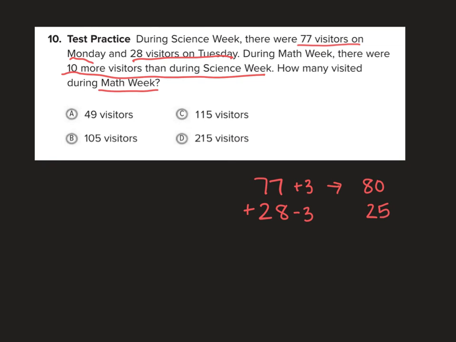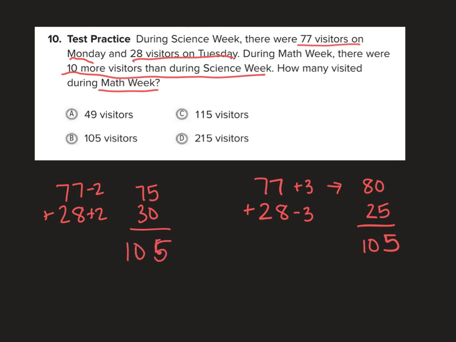And I like that better than if I would have done the other way, which would have been 77 plus 28. If I would have added 2, subtract 2, oh, you get the same thing, don't you? You'd get 30 and 75. Okay, so it's really, do you want to add 80 and 25 or 75 and 30? Because both places, you're going to get 105. 5, 7, and 3 makes 10, 105.